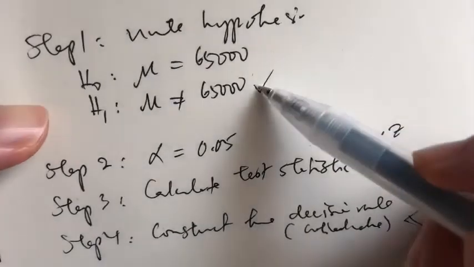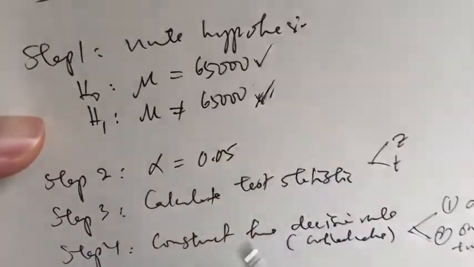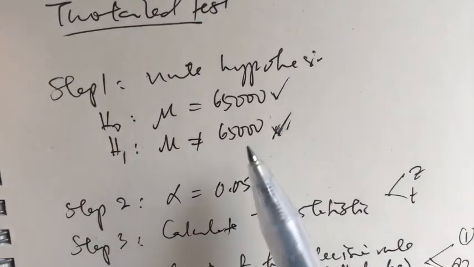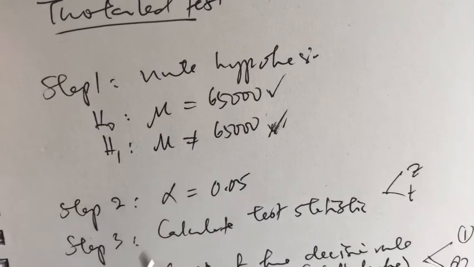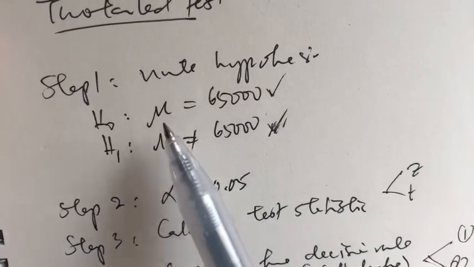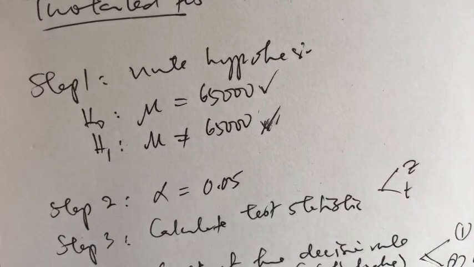But if we do not reject the null, how do we interpret? We can say that based on the evidence collected from our sample, we have sufficient evidence to suggest that the average income of women is in fact $65,000.